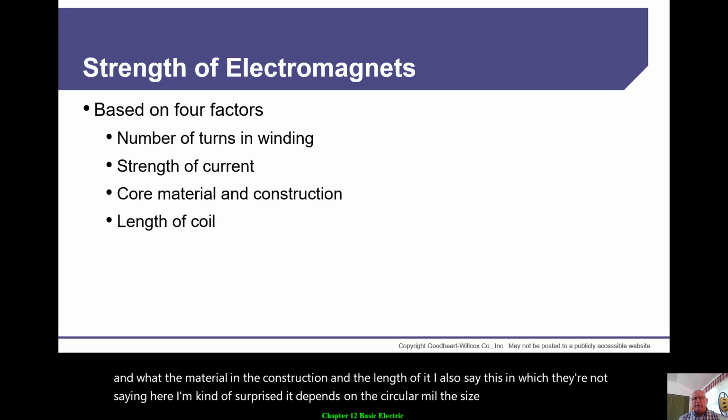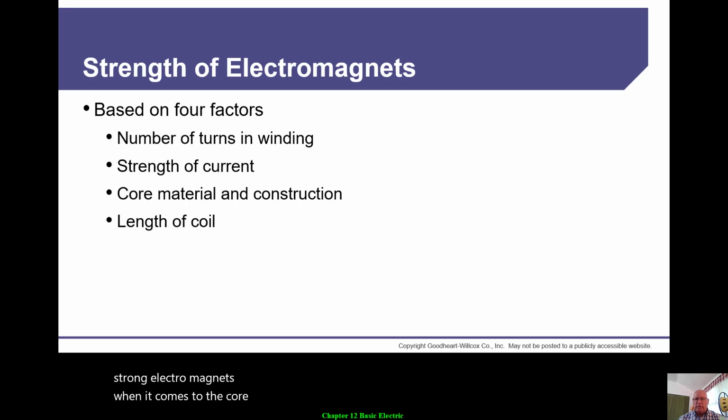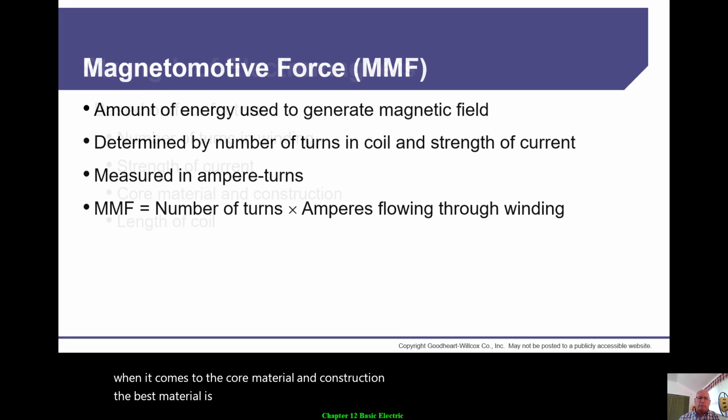So heavy wires with few turns make up weak magnets, and small wires with many turns make up strong electromagnets. When it comes to the core material and construction, the best material is iron. Magnetomotive force, MMF, is different than electromagnetic force.